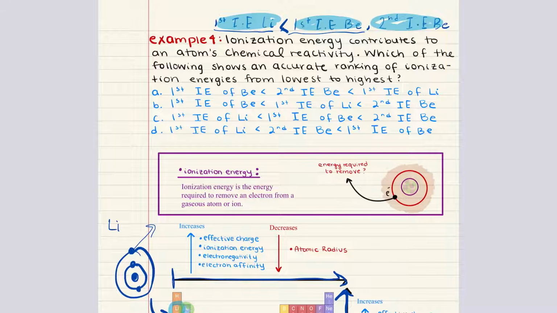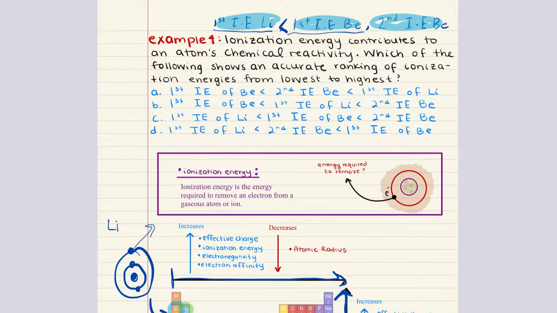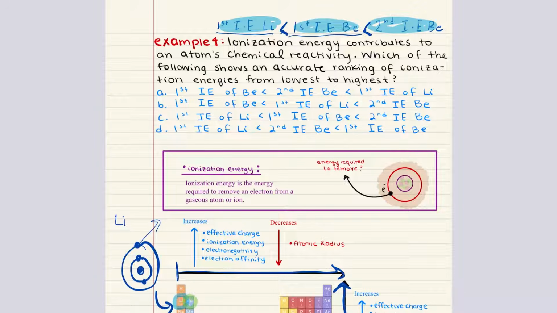And this is typically much higher than the first ionization energy because removing an electron from a positively charged ion is more difficult due to that increased electrostatic attraction between the nucleus and the remaining electrons. And so the one that's going to have the highest ionization energy is that second ionization energy for beryllium.